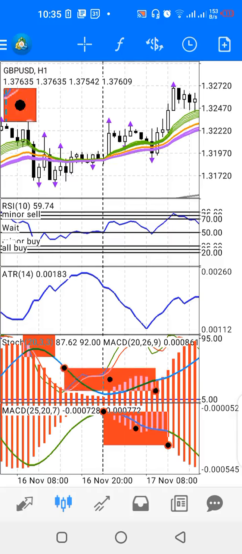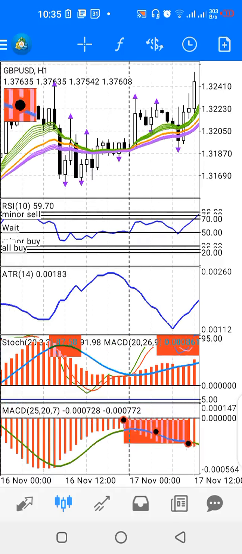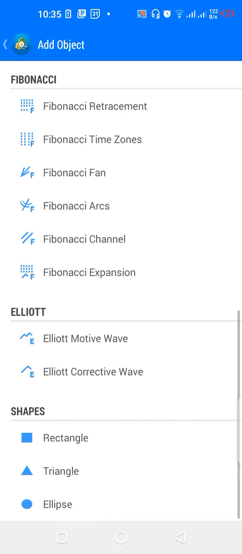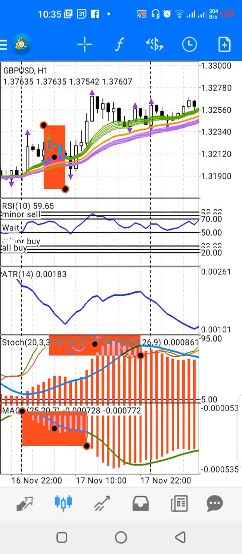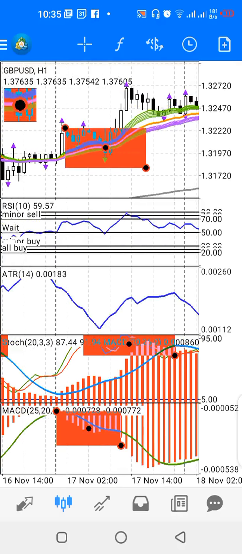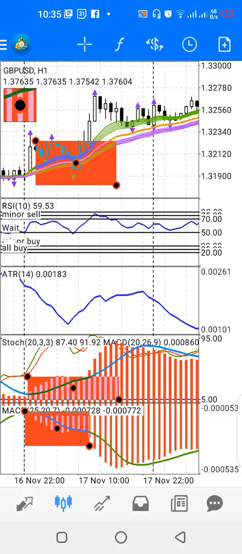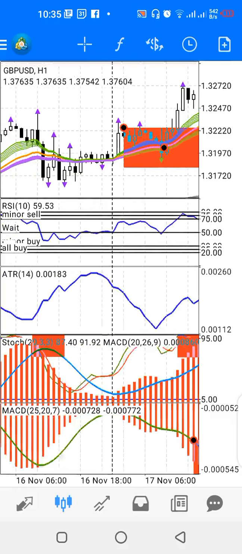This is expanding outward, and the MACD is expanding outward. So you look for buy. And on the main chart, you have an uptrend. So expansion goes with uptrend development.